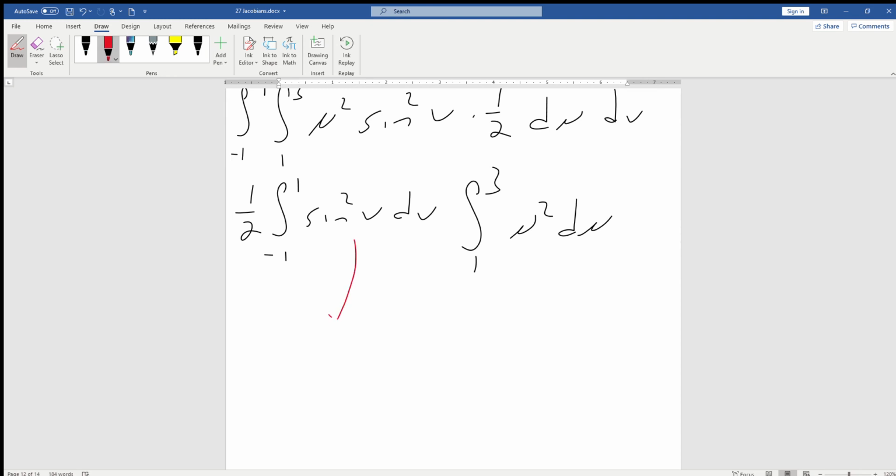You might remember from calculus 2, and I'm going to write this off to the side, sine squared of v is equal to 1/2 minus 1/2 cos of 2v. That's the formula we're going to utilize. We're just going to substitute that back in.